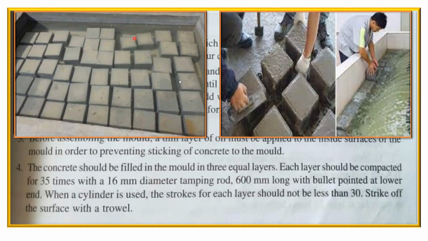This is how you keep them in a curing tank, right? You have to cure it for 28 days, and only after 28 days will we take it out and apply force on it, and see whether my concrete has gained the strength or not. The usual practice is that we do the testing on 7 days and 28 days.